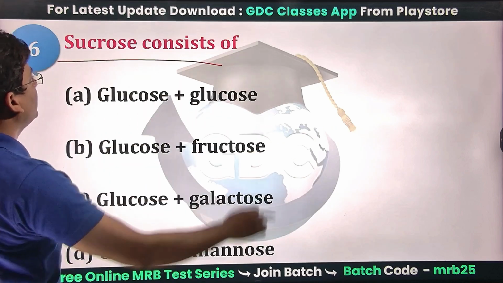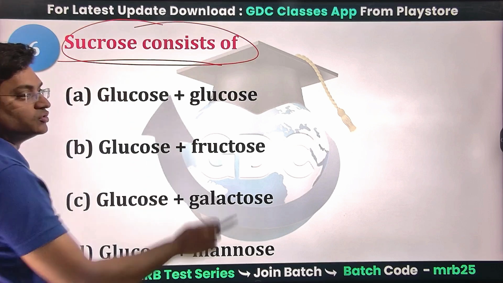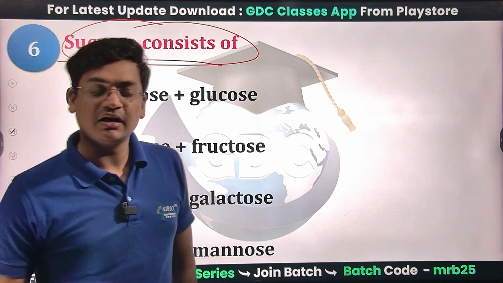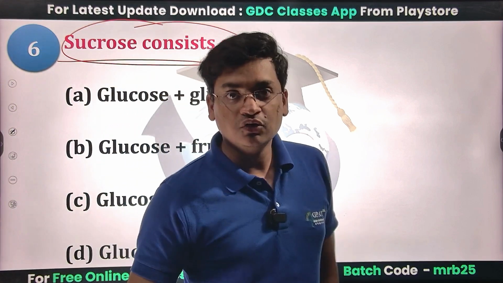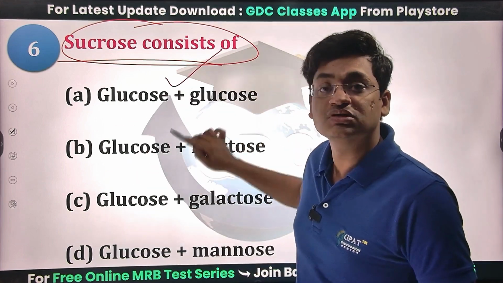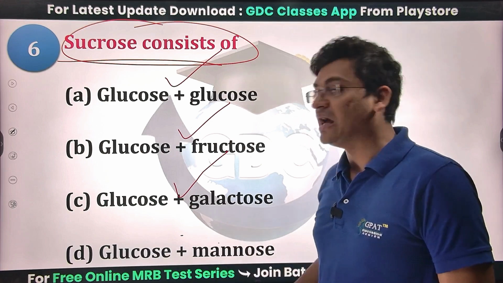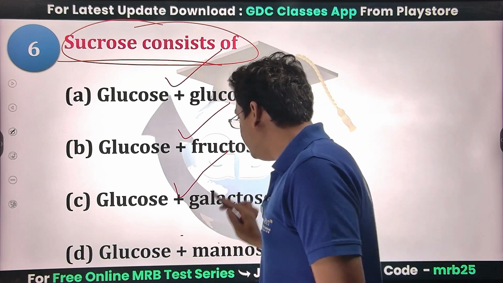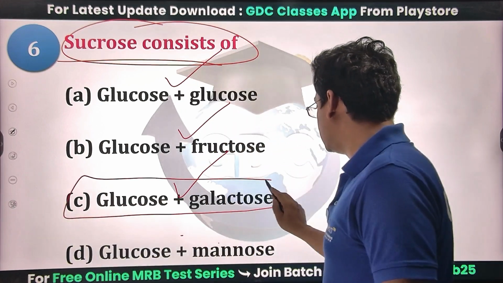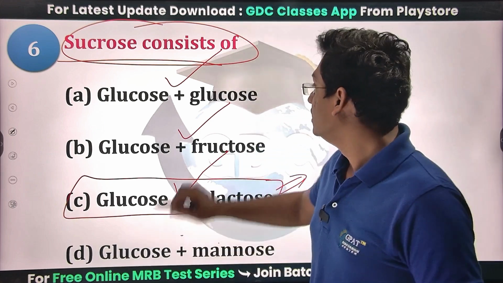Now the next question: sucrose consists of what? Sucrose is a disaccharide. The options are glucose and glucose, glucose and fructose, glucose and galactose, or glucose and mannose. Glucose plus galactose is the disaccharide lactose, also known as milk sugar.